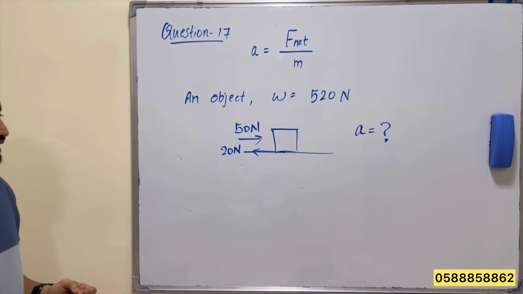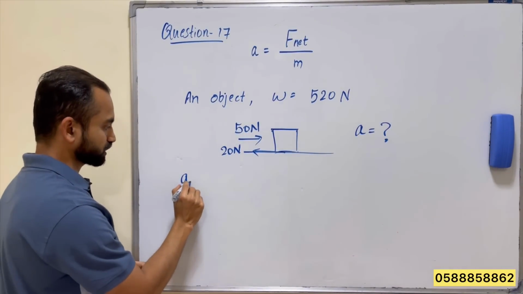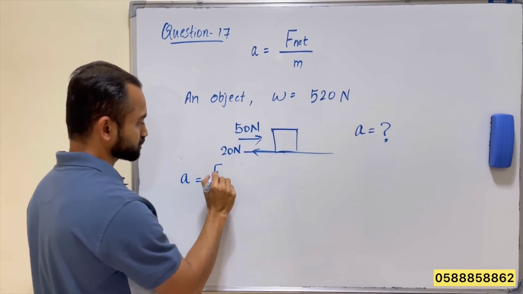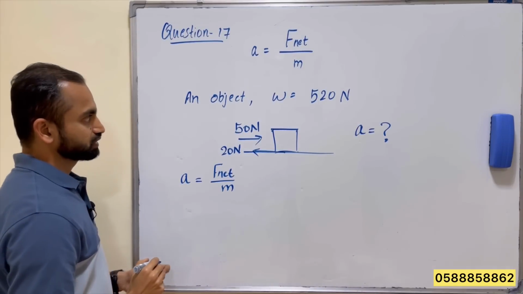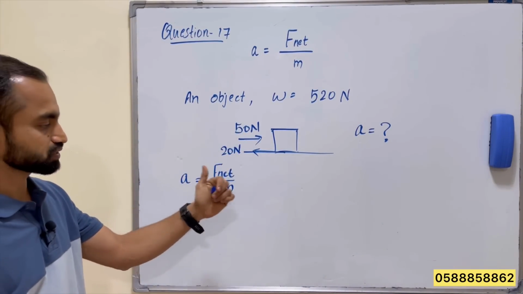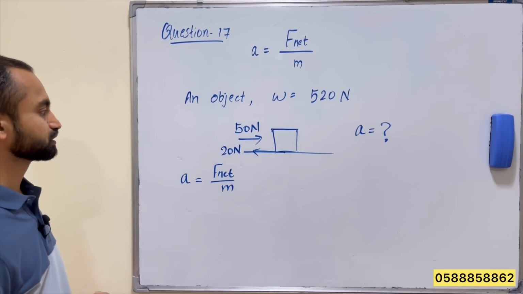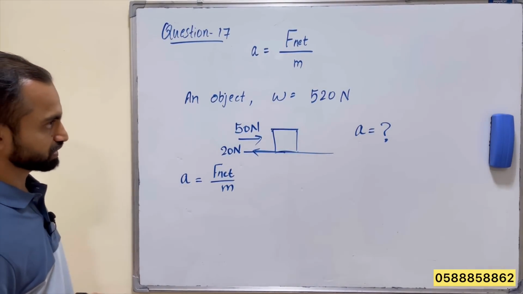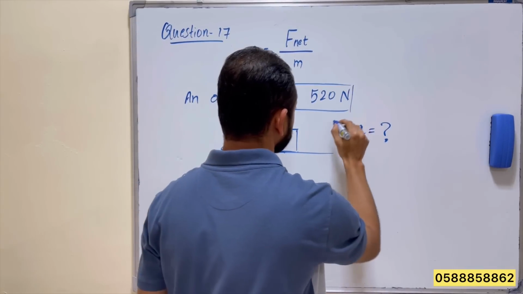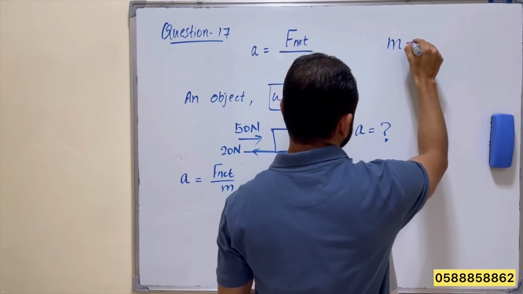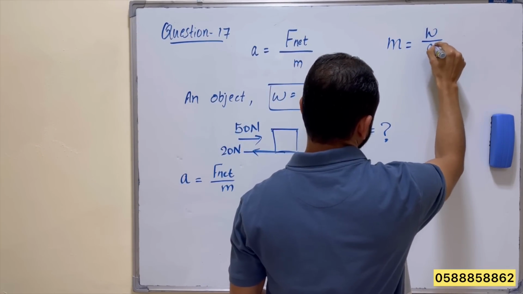So what is the equation for acceleration? Acceleration is equal to net force divided by mass of the object. Here net force is not given, and mass of the object is also not given in this question. So first we will calculate the mass of the object. Weight is given, so mass is equal to weight divided by g.